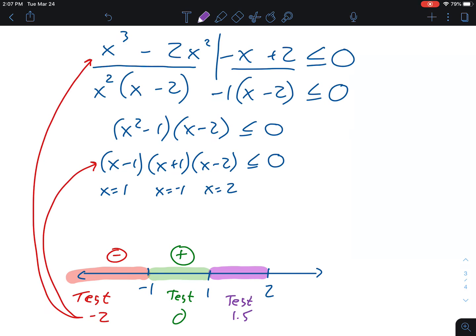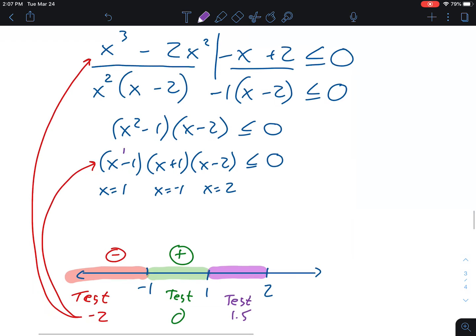That's why I like to plug it into the factors, not necessarily the original, because you could just do it in your calculator too, but if I plug it into here, 1.5 minus 1 is positive 0.5. 1.5 plus 1, that's clearly positive. 1.5 minus 2, now I'm at -0.5. Positive times negative, that means I got a negative number in here.